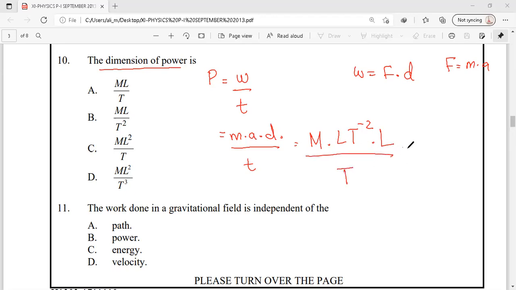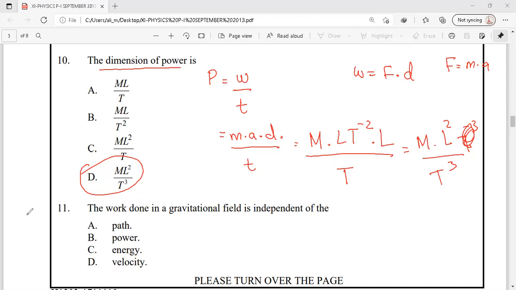So let's solve this. So M L squared T minus 3, or we can also say, let's keep this time in the denominator, M L squared over T cubed. So option D is the right answer for the dimension of power.